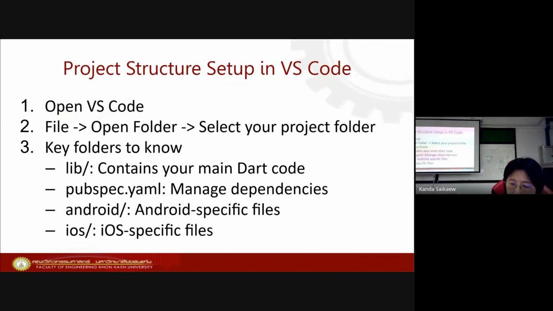Like if you want to display an image on your app, then you also need to modify pubspec.yaml to include the location of your image file. And there's also a subfolder android, which contains Android specific files, and iOS, which contains iOS specific files.